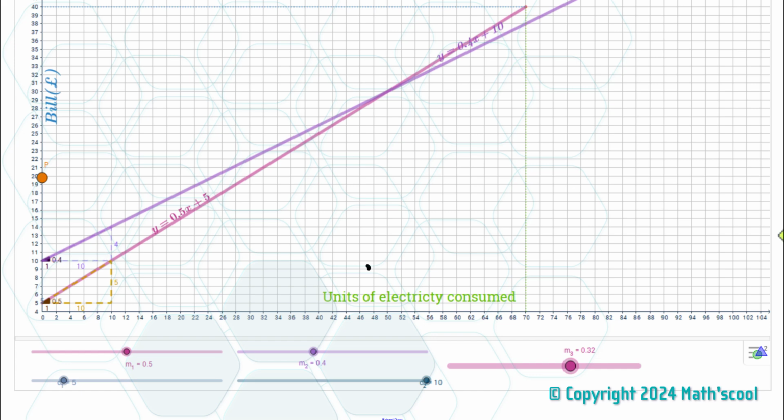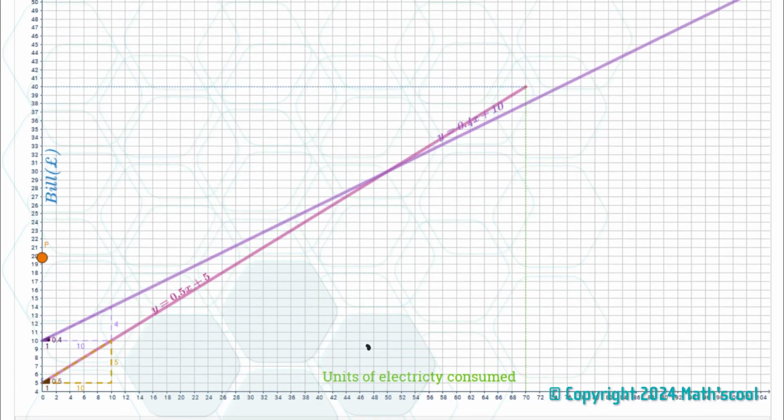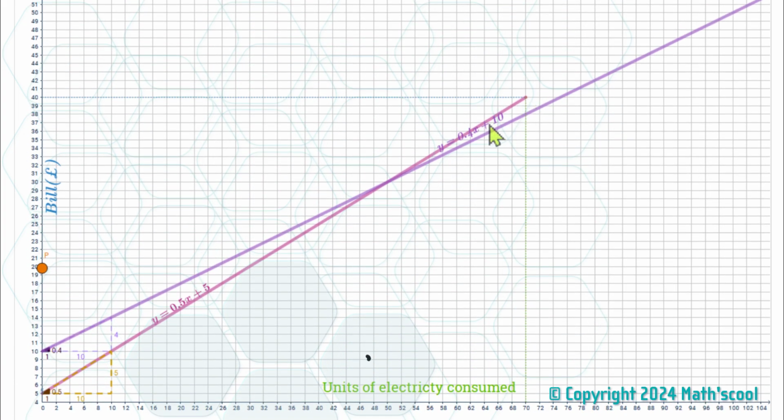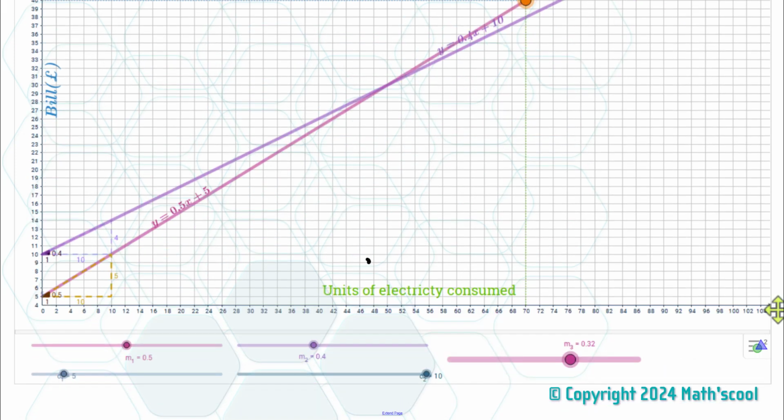But then when we get to 70 units here, which is £40 of bill, 70 units is £40 a bill. When we get above that, our old supplier says they'll reduce the charge. So if I just move this point to there, so that's at 70 units. When I get to 70 units, then they're going to reduce my charge to 32p per unit.